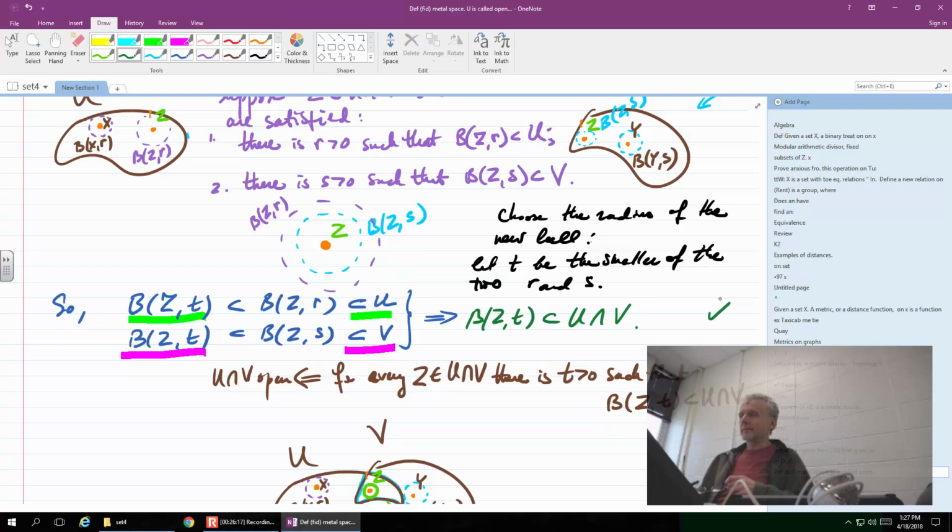Do you see that green line that we just proved? Do you see that anywhere else?